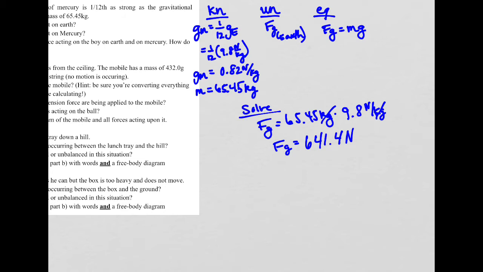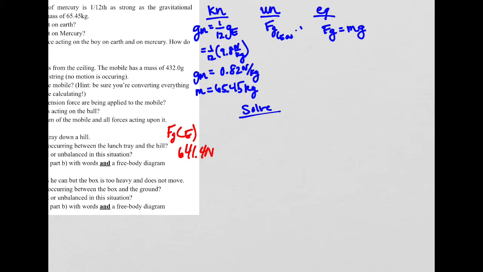Part B wants us to find what is the boy's weight on Mercury. So we can just erase this. Well, let's keep our 641.4 newtons Fg on Earth over here, and then we'll erase this stuff. Okay, we're not looking for Fg on Earth, we're looking for Fg on Mercury.